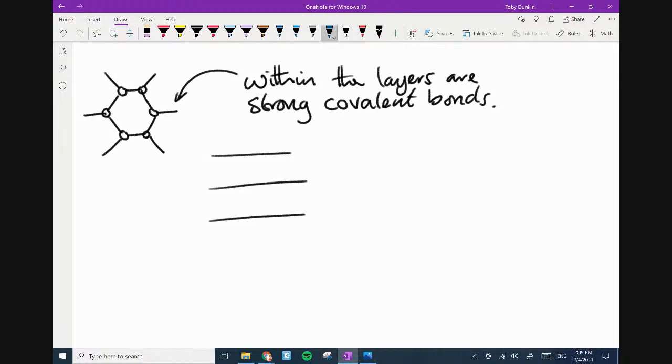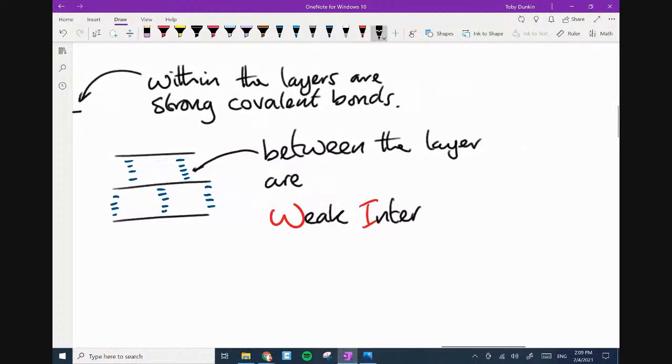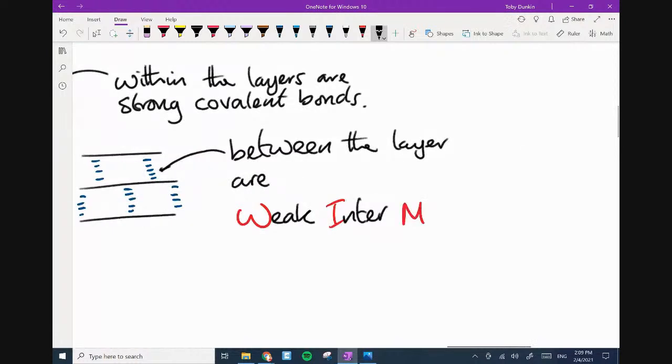So between the layers, and this will make more sense next lesson, is something I've never mentioned to you yet, but they're coming. Between the layers are weak intermolecular forces. The word inter literally means between.